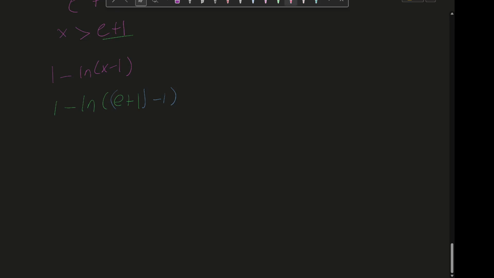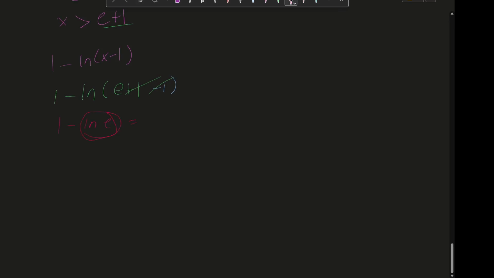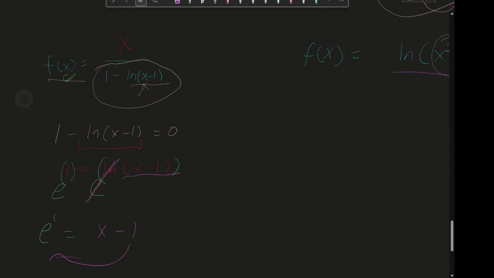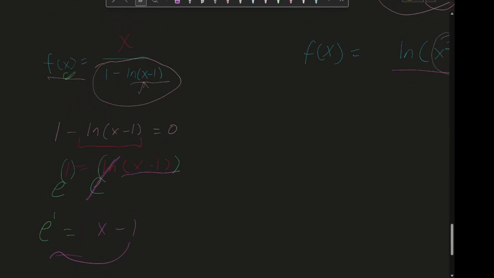And since all you have is addition and subtraction inside your ln function, you could remove those brackets and simplify out those ones, and you'll be left with 1 minus ln of e. And the ln of e is equal to 1. So then you'll have 1 minus 1 equal to 0. And that verifies that e plus 1 is the x value that will give you 0 in your denominator.